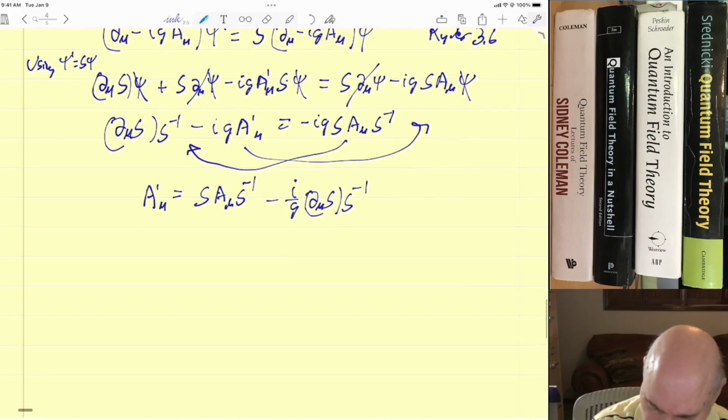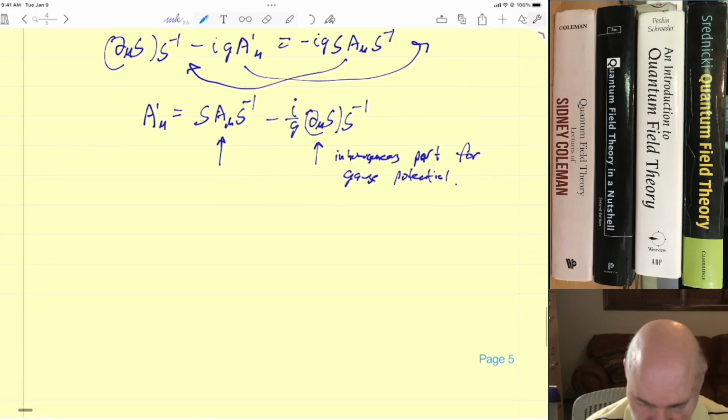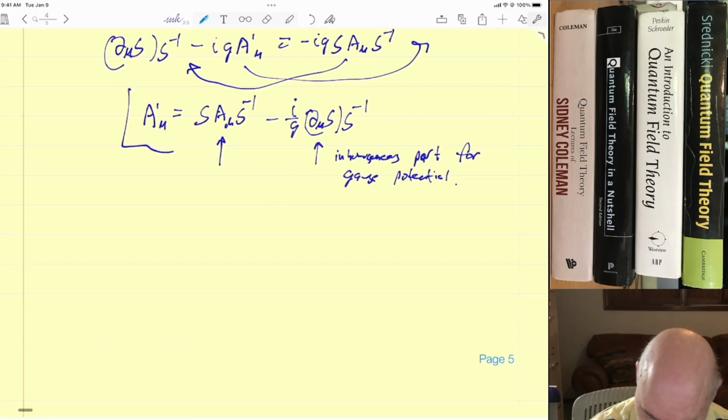And again, this is the way our usual thing would transform, and this is the inhomogeneous part, which we have for a gauge field, gauge potential. Okay, so let me box that.